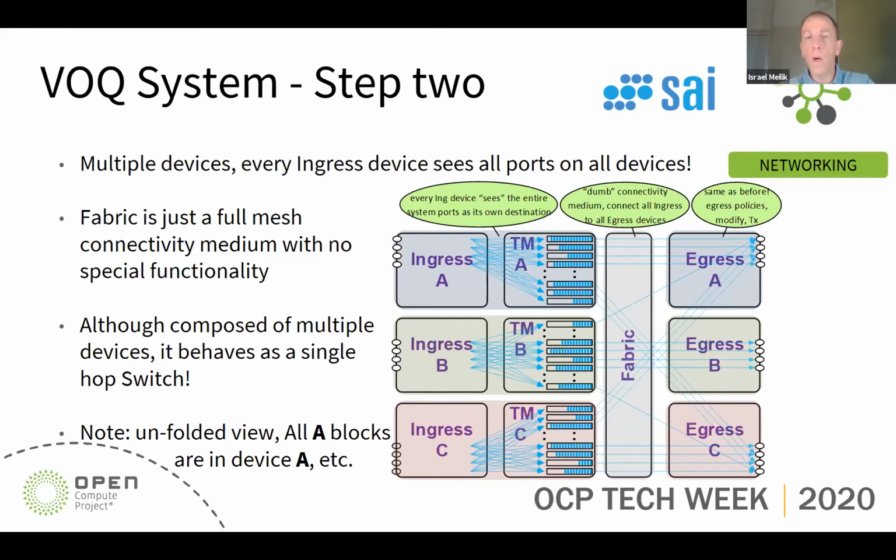So no matter what the input and the output are, every packet is subject to ingress, TM, egress. In that sense, all the packets experience a single hop behavior of the system.